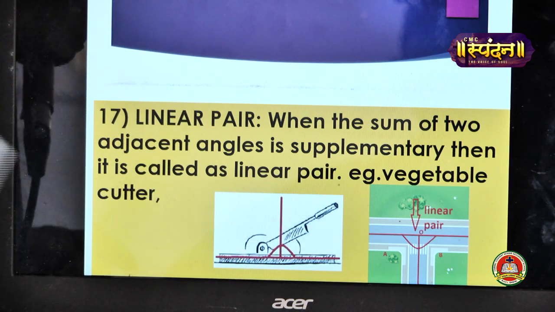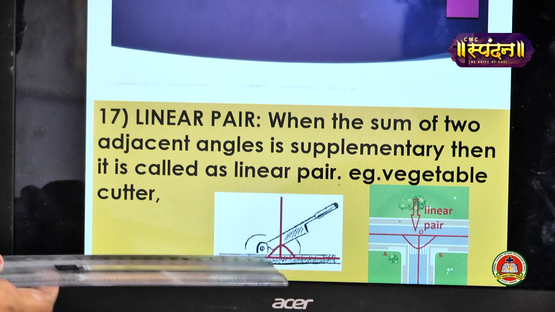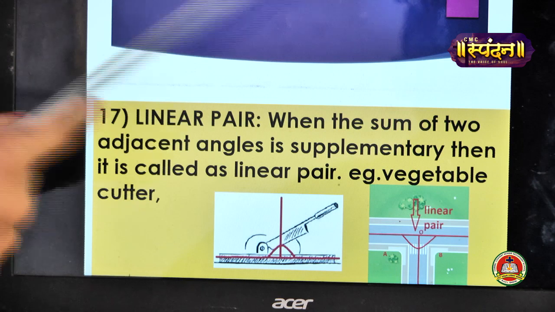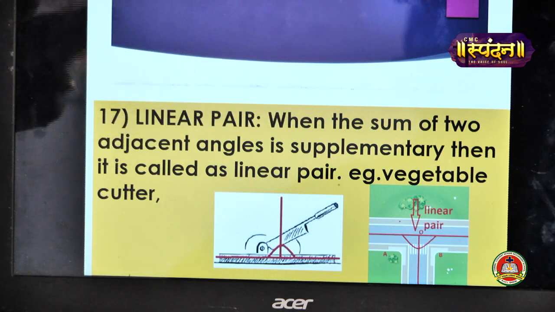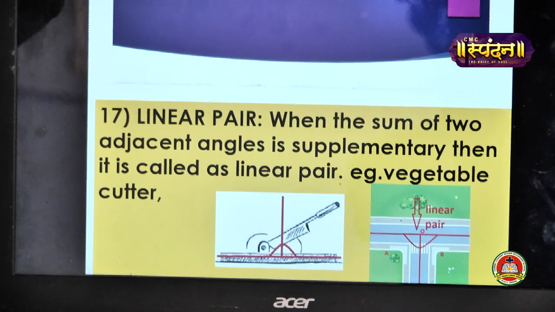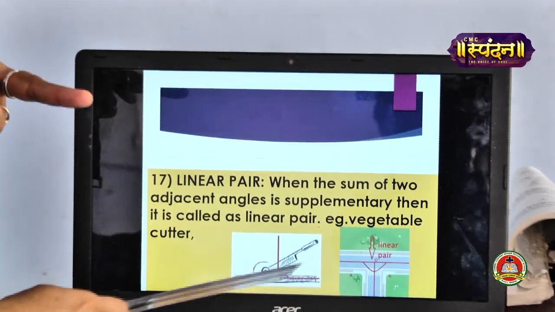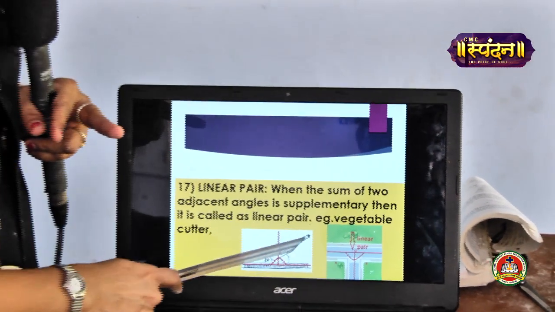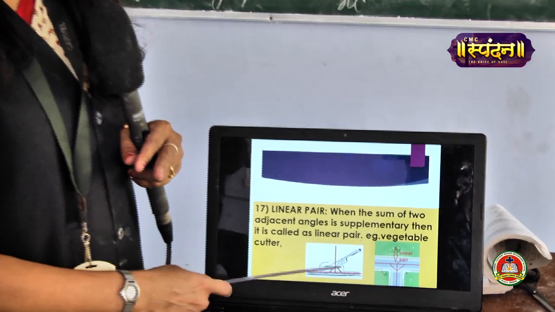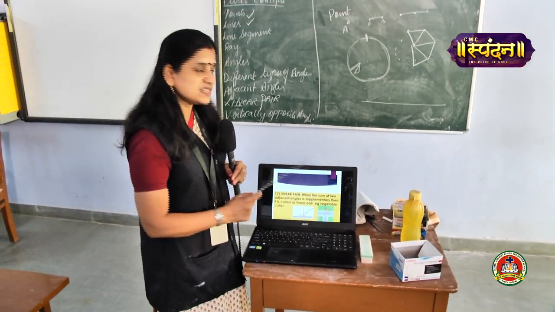The best example, you have it in your house itself, that is a vegetable cutter. You can see the vegetable cutter over here. The cutter acts as a ray. Suppose I keep the cutter over here, acting as a ray, and move it like this and like this. Two angles are formed. The sum of those two angles gives you 180 degrees, and that you call a linear pair.